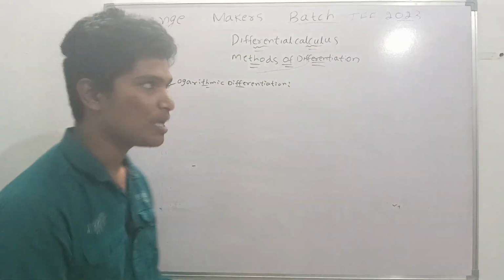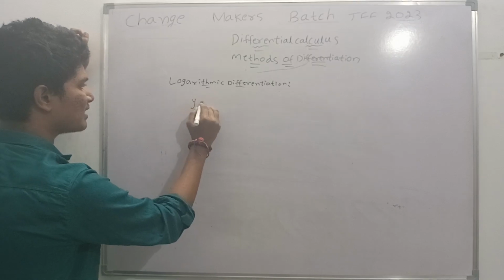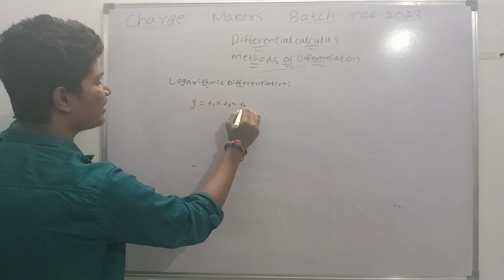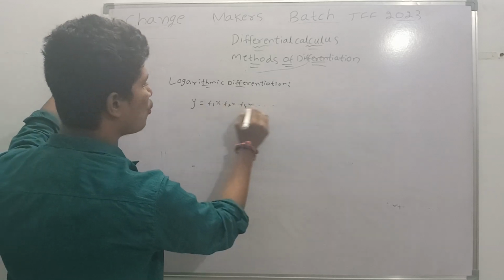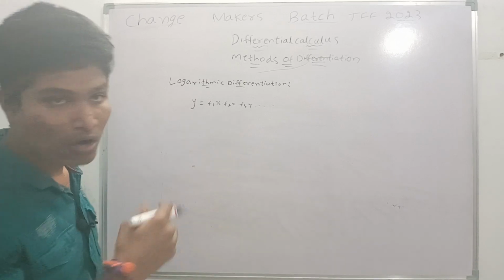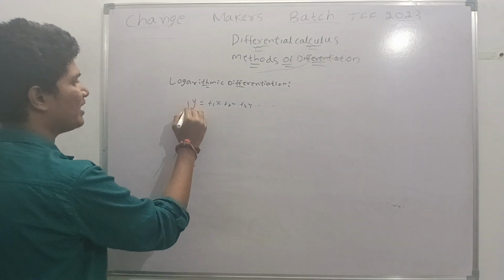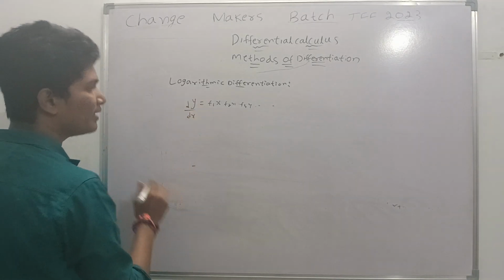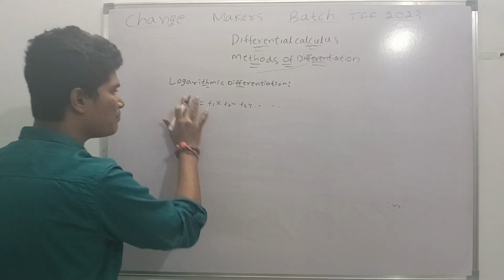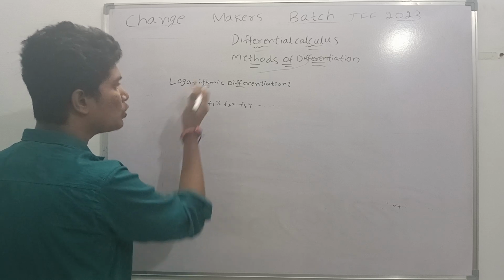How to do that? Suppose there is a function like this, y equal to f1(x) into f2(x) into f3(x), like this there are so many functions in a row. You have to do the differentiation, that is dy by dx. Then is it possible to do so many things? So it is very important to use logarithms.